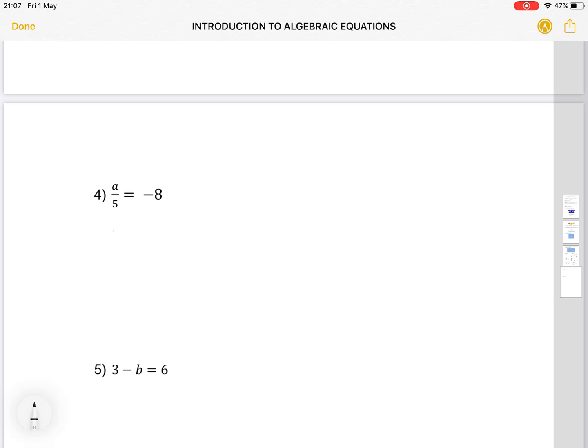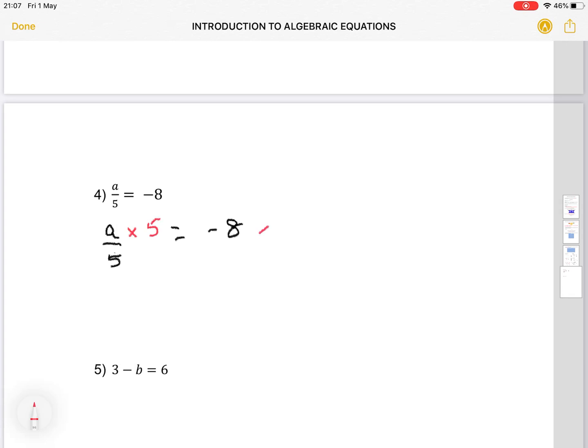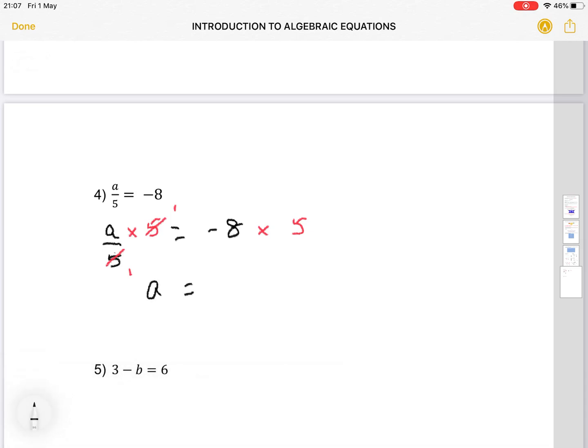So it becomes a all over 5 equals negative 8, and I multiply both sides by 5. Now, I can cancel the 5 with the 5. On the left hand side, I end up with a times 1 all over 1, it is a.